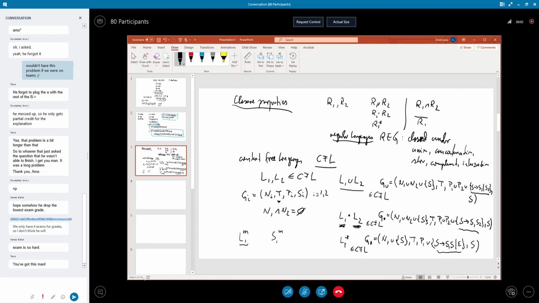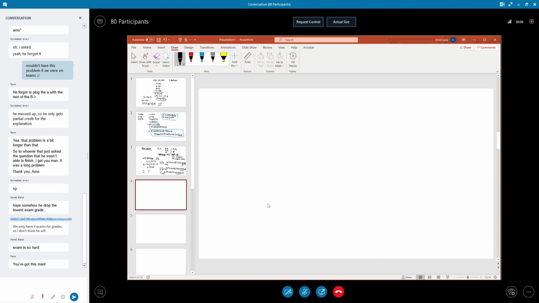So now we want to check whether the same thing holds for intersection. Well, what would you guess? They don't. Why do you guess that?